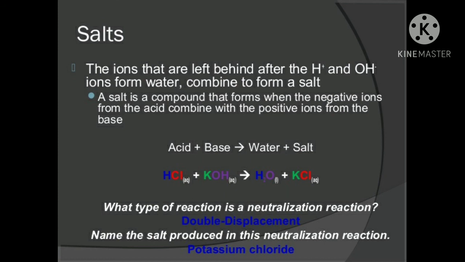Normal salts formed by acids are like sodium nitrate from nitric acid, and from hydrochloric acid, sodium chloride salt is obtained.